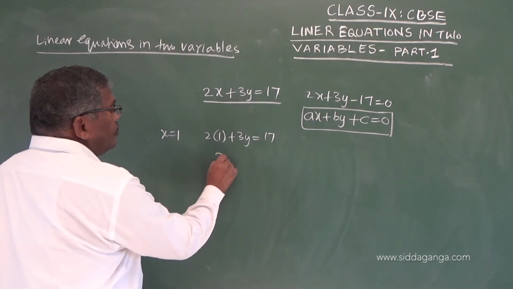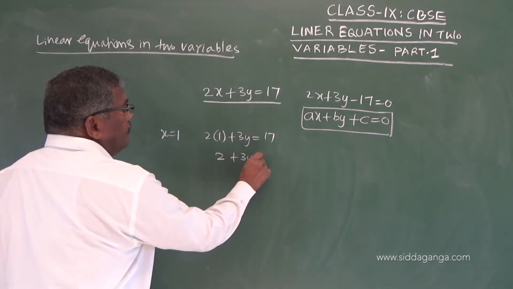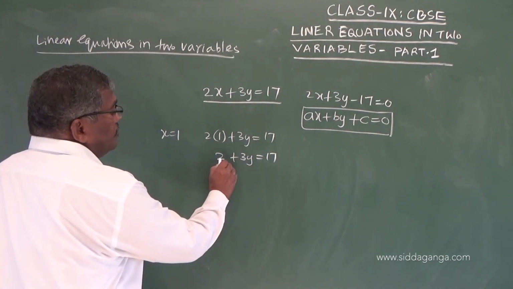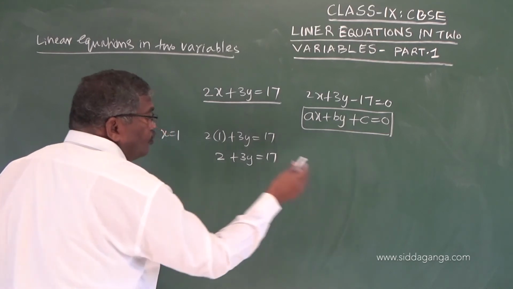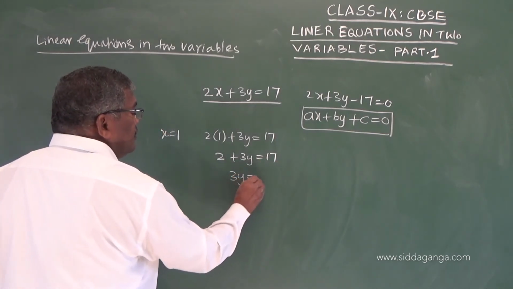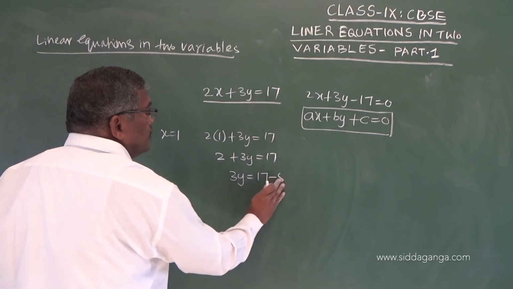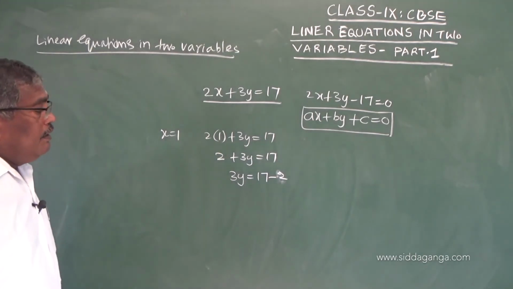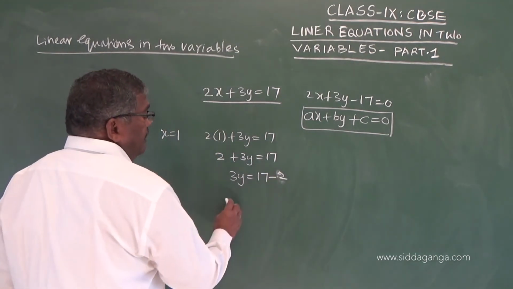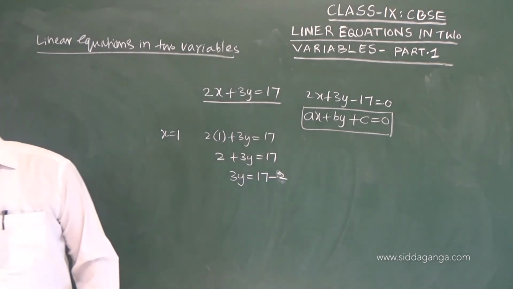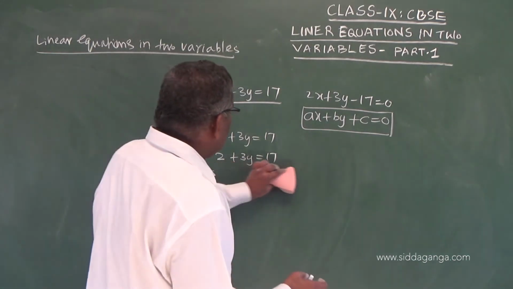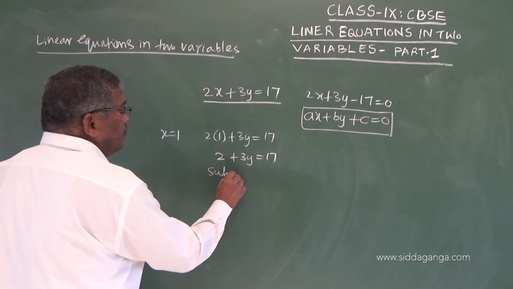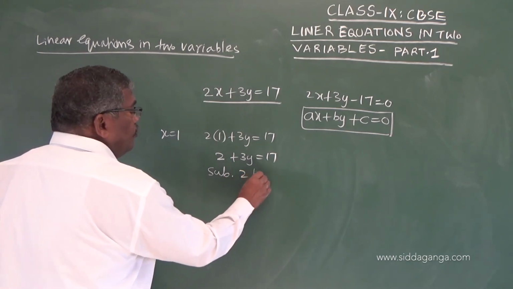So 2 into 1 is 2 plus 3y is equal to 17, and what we do is we will subtract this 2 or we will transpose that side. 3y is equal to 17 minus 2. When we take to that side, it will get minus, or if you did not follow this, I don't want this 2 here, subtract 2 both sides.